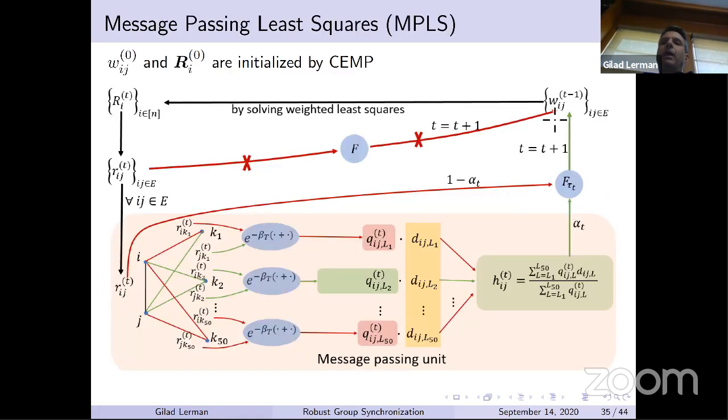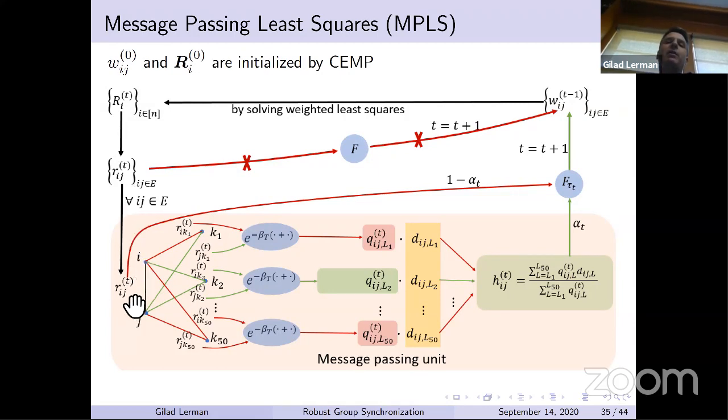So let's recall, we have these iterated weighted least squares problems. We solve for the rotations, and now we estimate the residual, and then we use a certain function f to get weights, and we repeat it. This is the way IRLS works, and we criticize this step. We can take away this step and use what we call a message passing unit, with a very similar idea to our previous algorithm, CAMP.